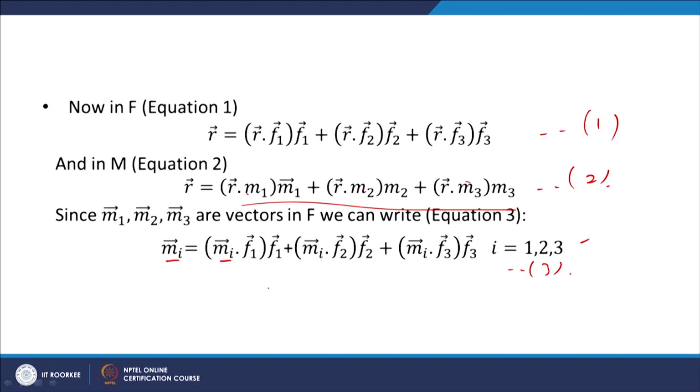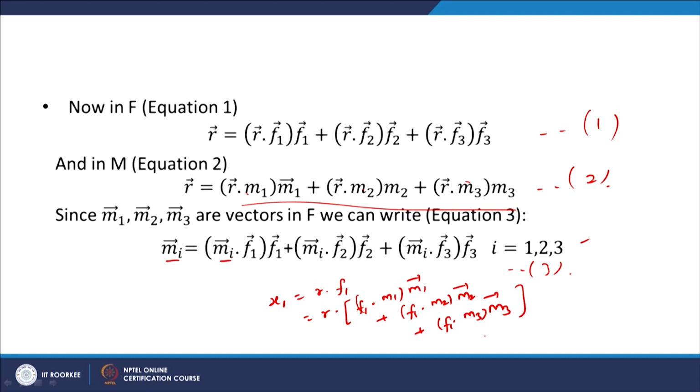To prove this one, here we have x1 equal to r dot f1. Now, we can write f1 in terms of m1, m2, m3. So, this can be written as f1 dot m1 into m1 vector plus f1 dot m2 into m2 vector plus f1 dot m3 into m3 vector.